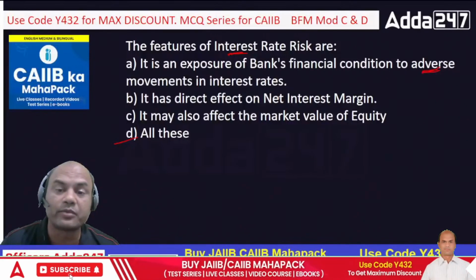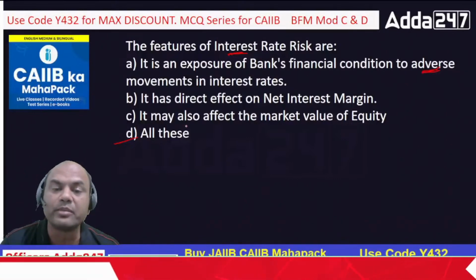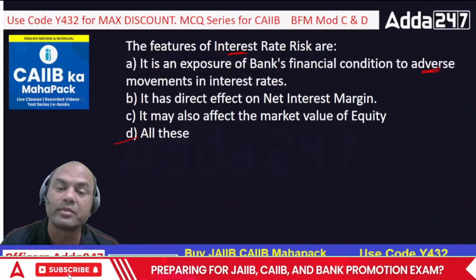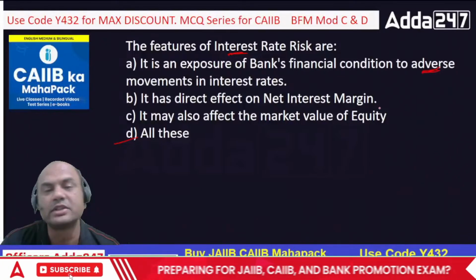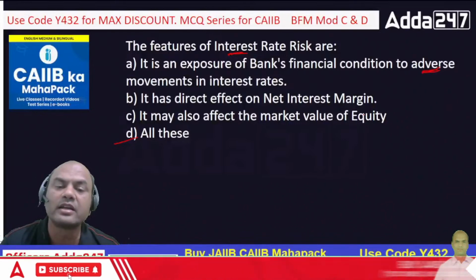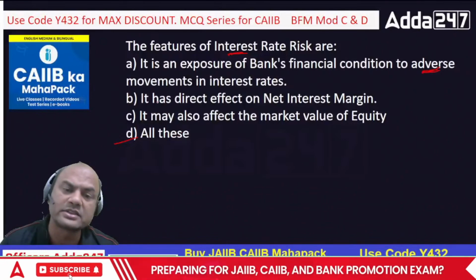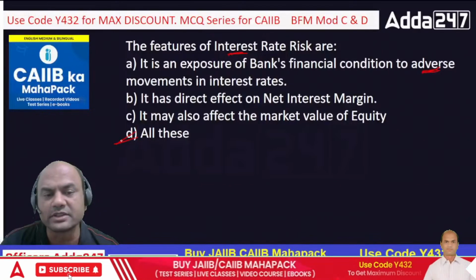So definitely that will affect my NIM. It may also affect the market value of the equity, means my share value will go down. Generally it happens. Whenever there is a change in the interest rate, the equity value will always be affected. Okay. So what is the answer for this? It will be definitely all of these, isn't it?